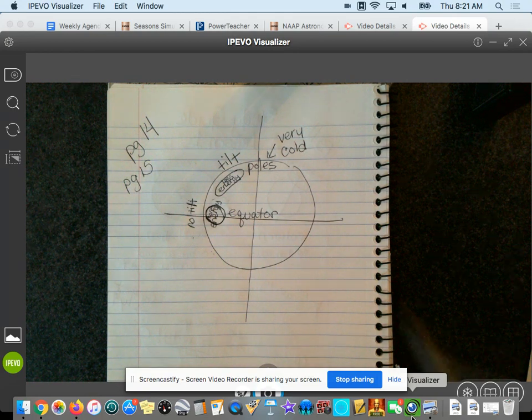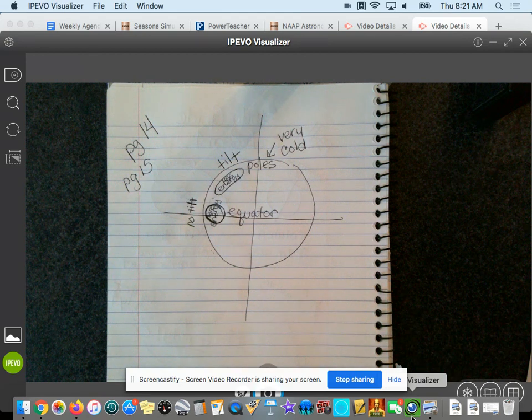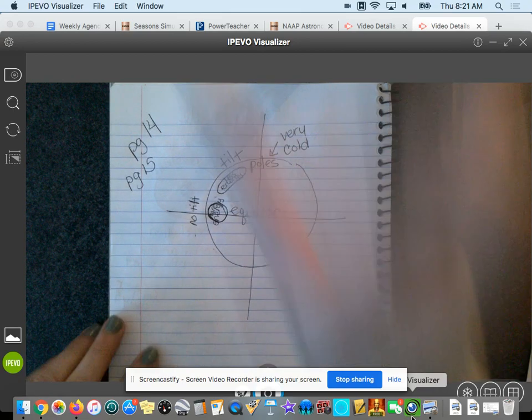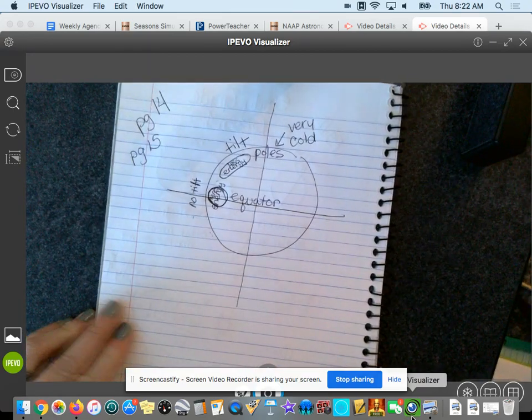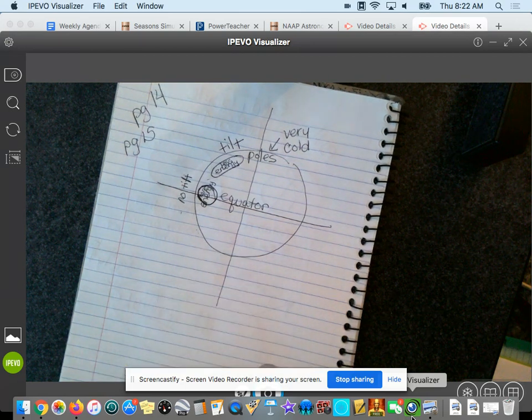So not only are the poles cold because the curvature of the Earth causes the sunlight to spread out just as it would on a tilted card, but there's another reason that the poles can get even colder, and that is what? Tilt. So I think we might have to draw another picture to show tilt. Actually, we'll show tilt on our last image, so this is good for now.